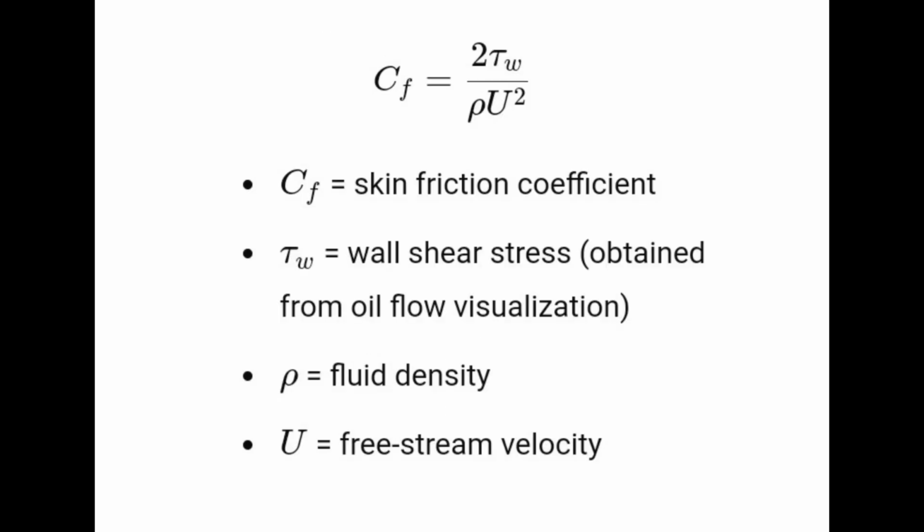Skin friction coefficient is equal to tau, or the wall stress, over half the fluid density times free stream velocity squared. To simplify, skin friction coefficient is equal to shear stress over dynamic pressure.